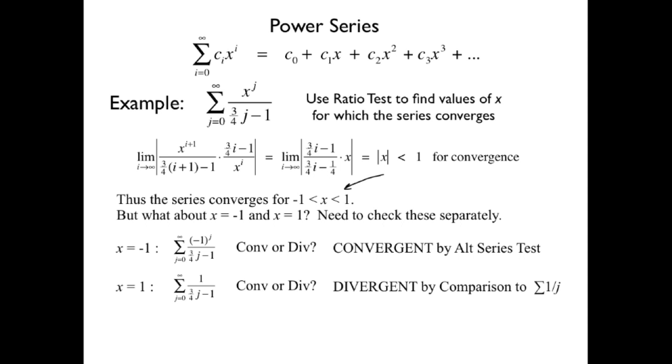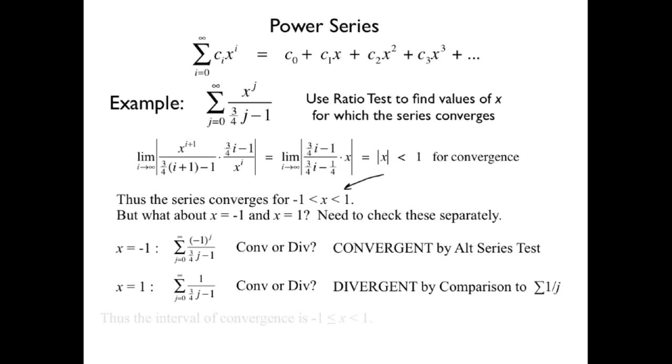Because all those individual terms are greater than the terms of 1 over j. We're making the denominator smaller, right? We're taking 3/4 of j and subtracting 1. Both those things make the denominator smaller, making the whole fraction bigger than a series we know diverges. So by the comparison test, it's divergent.